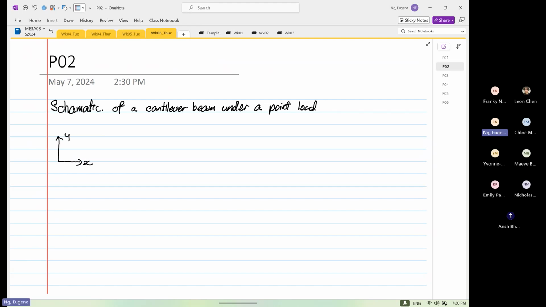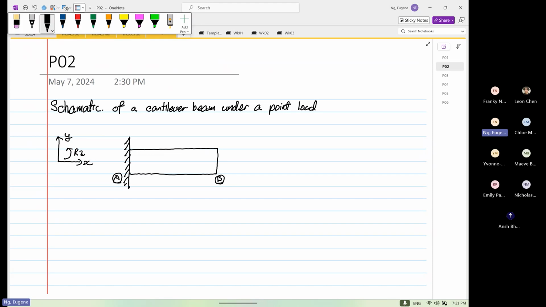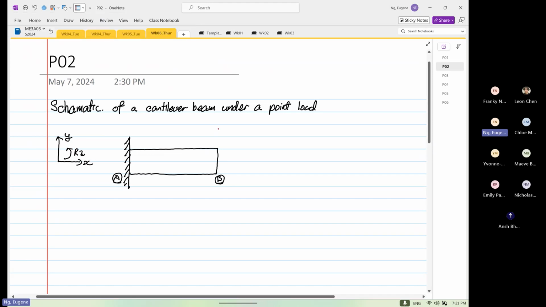This is X, this is Y, rotation about Z, and the structure is built into the wall. From here we have a beam with point A and point B, and a load applied over here, which I'll call Vy.